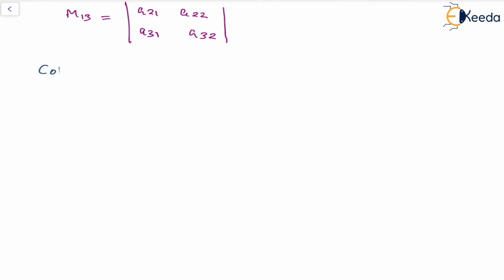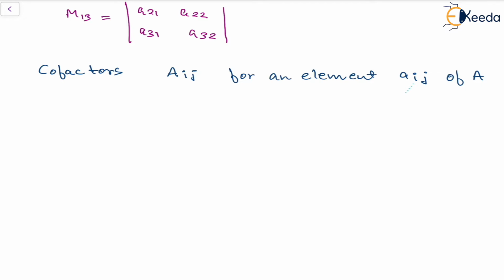So cofactors, which are generally represented as capital Aij for an element aij of the matrix A. Here i is the ith row and j is the jth column.